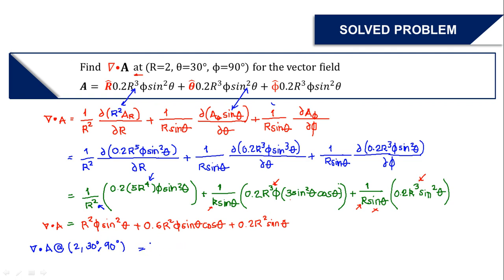So, r squared, so that's 2 squared times yung phi natin, 90 degrees, so pi over 2 yan, no?